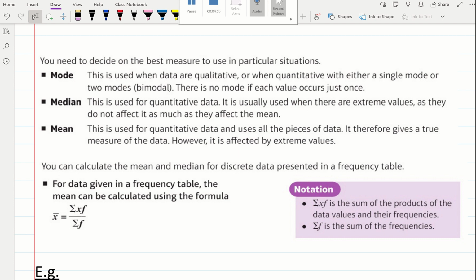The median is used for quantitative data. It is usually used when there are extreme values, as they do not affect it as much as they affect the mean. So the median is good to use when there are extreme values or outliers in the data. The mean is used for quantitative data and uses all the pieces of data. It therefore gives a true measure of the data. However, it is affected by extreme values.